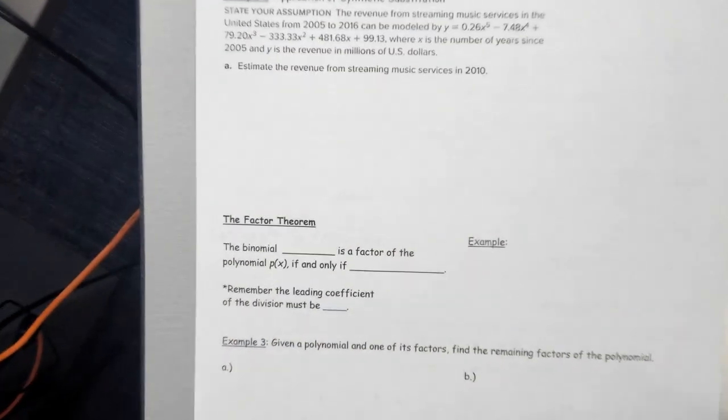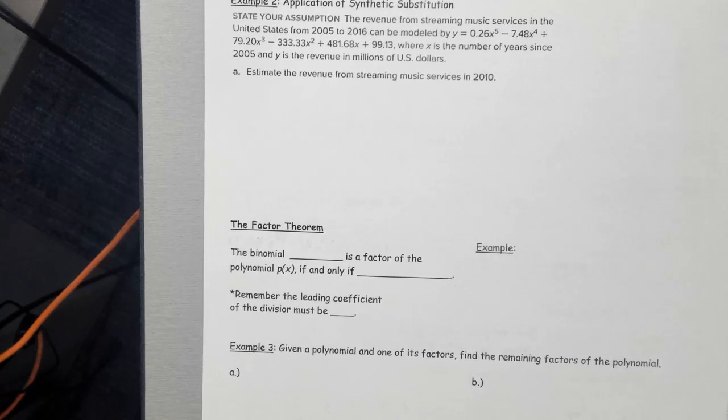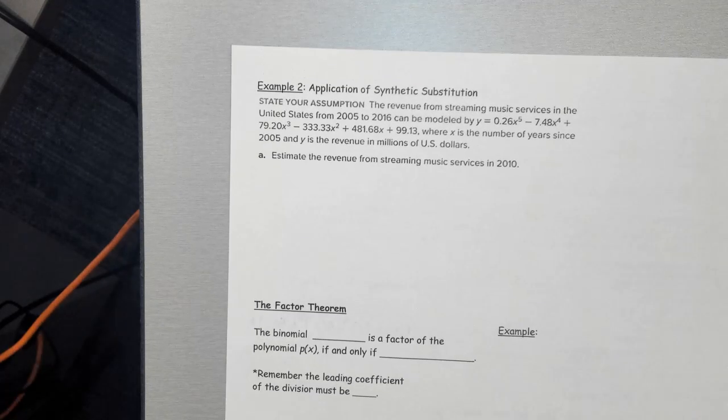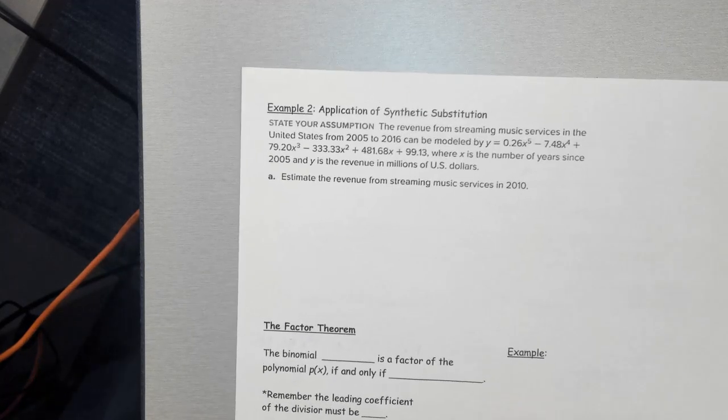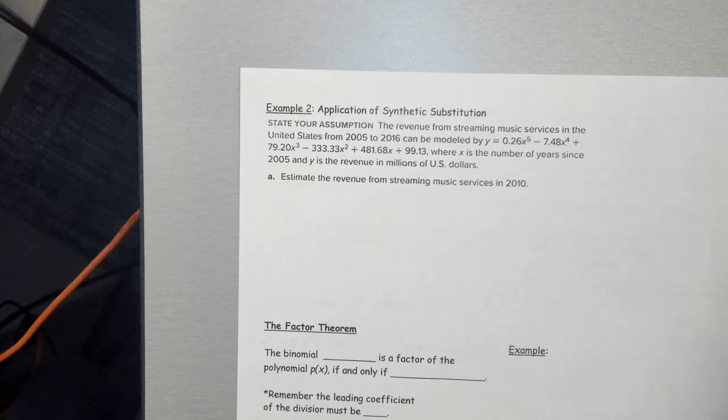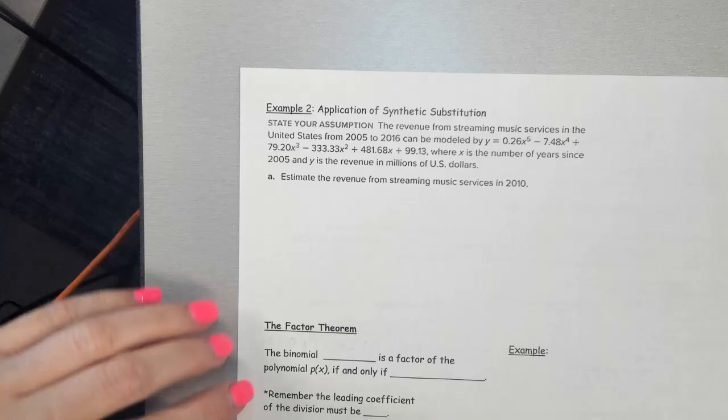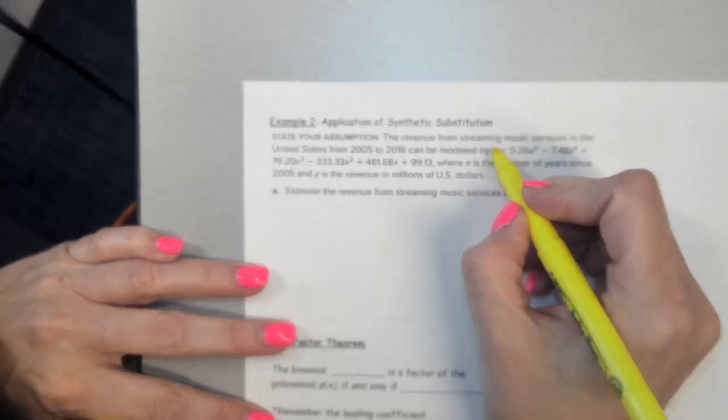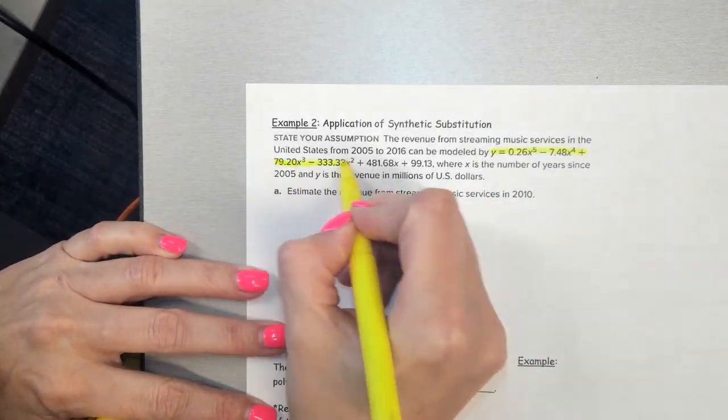Alright, and then we are going to do an application. Okay, for synthetic substitution. So the revenue from a streaming music service in the United States from 2005 to 2016 can be modeled by the following function.